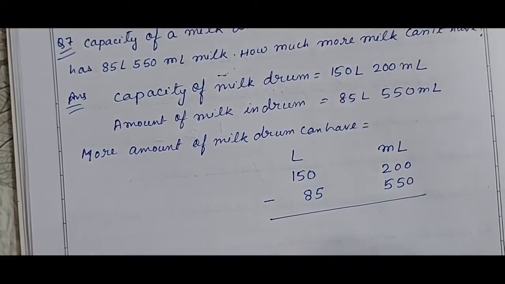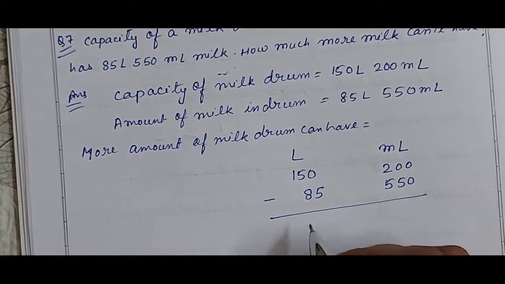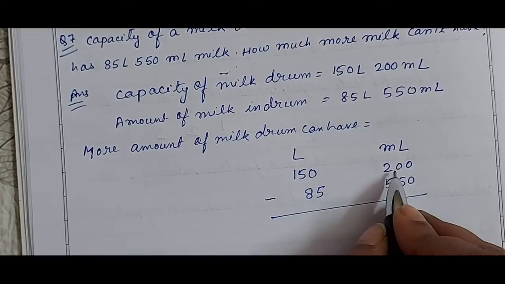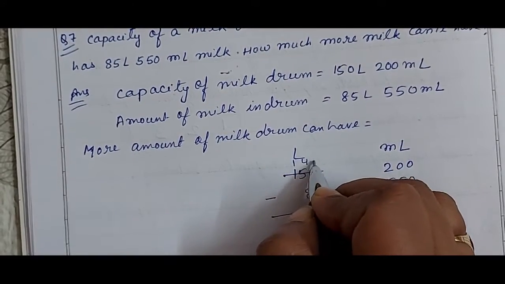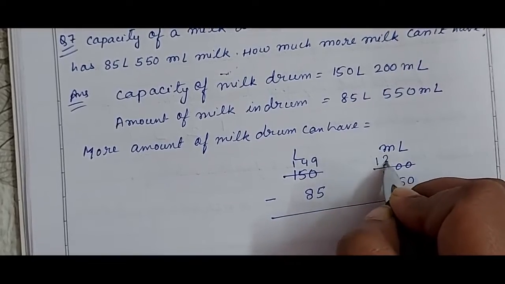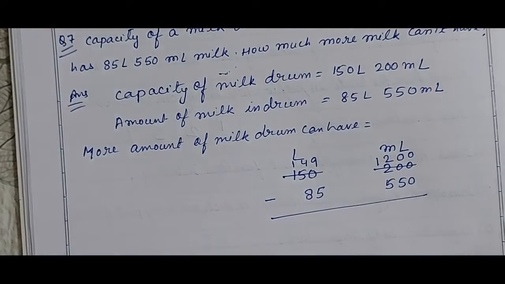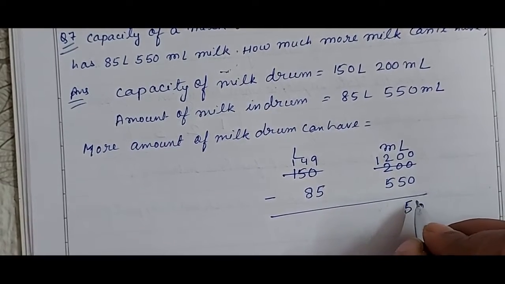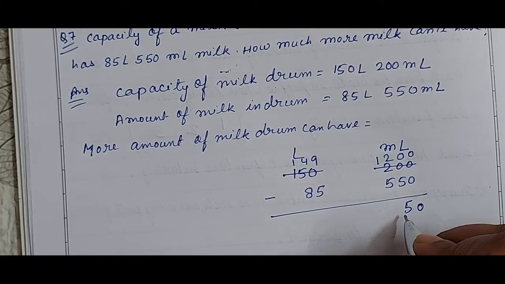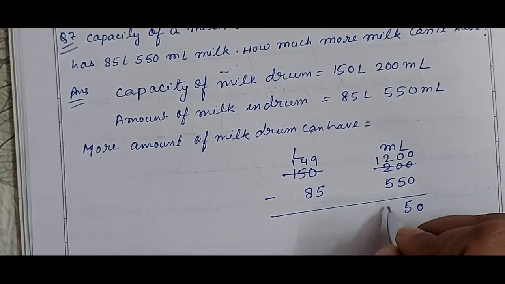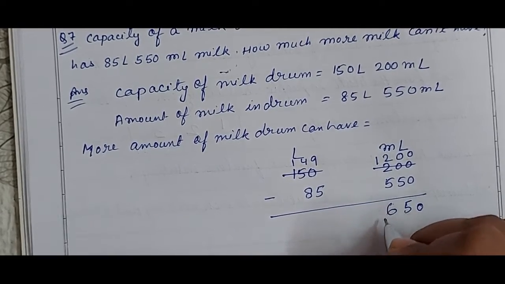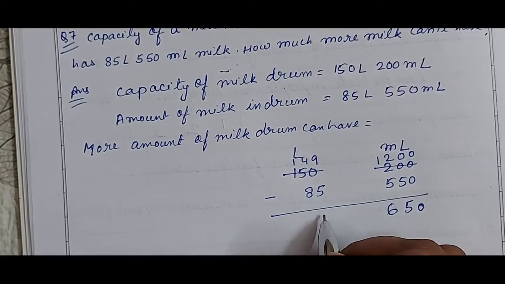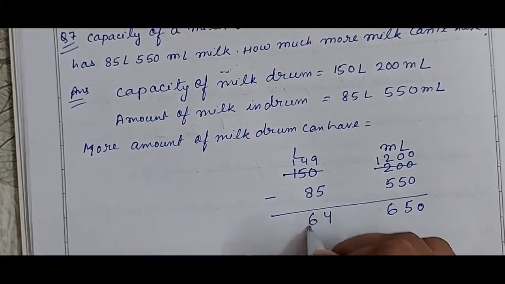Let us do the subtraction now. Now here you can see that 200 is smaller than 550, so obviously we will borrow 1 from here, so this will change to 149 and this will become 1200. 1200 minus 550 is 650, and 149 minus 85, 64.